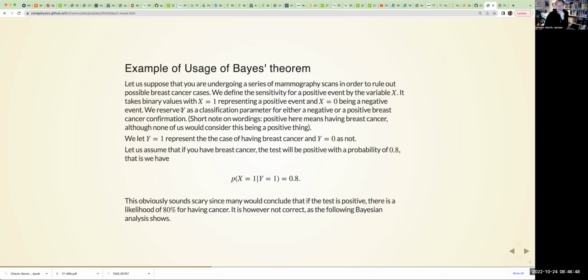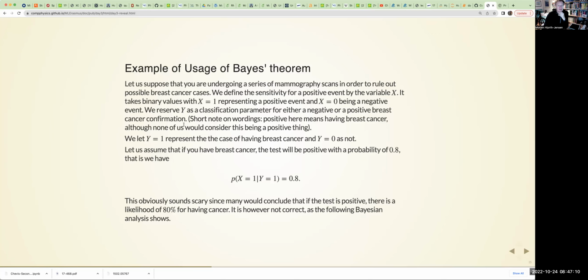And then we reserve y as a classification parameter for either negative or positive breast cancer confirmation. So positive here is actually a negative message, which means that we have breast cancer, and negative would mean not having it.